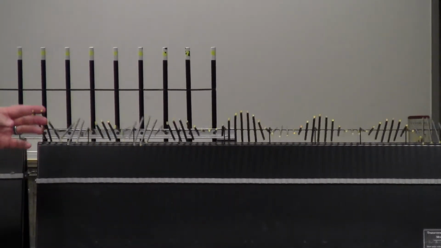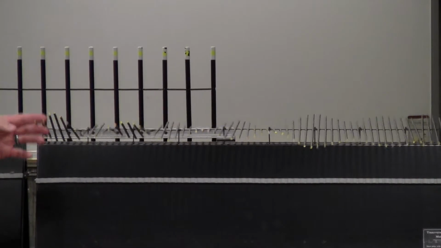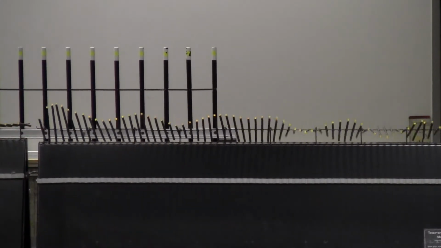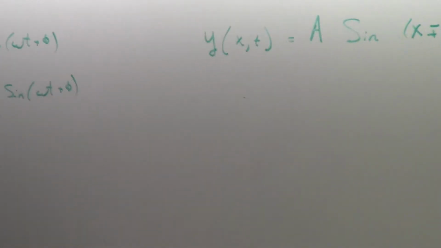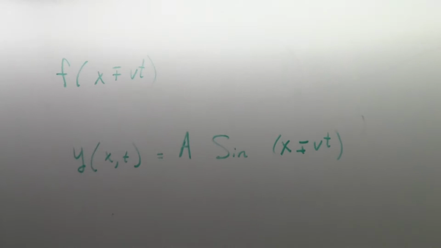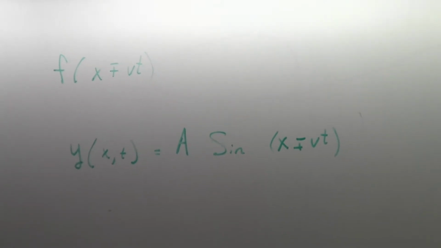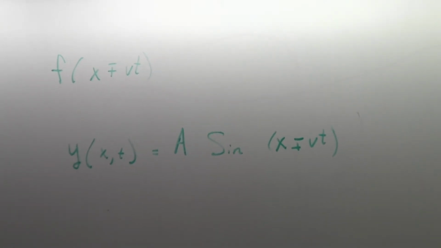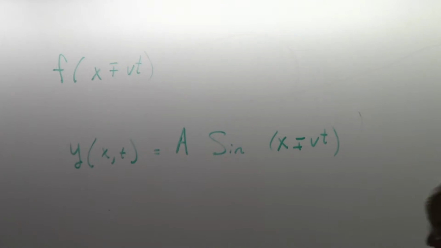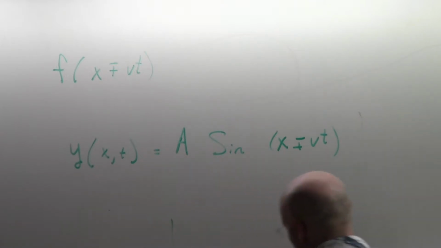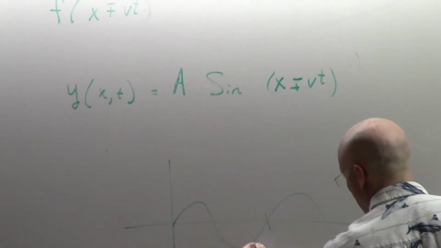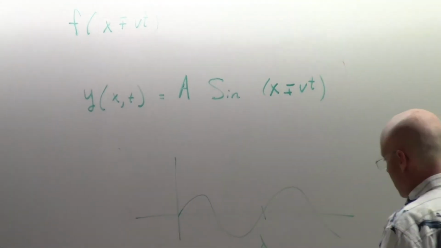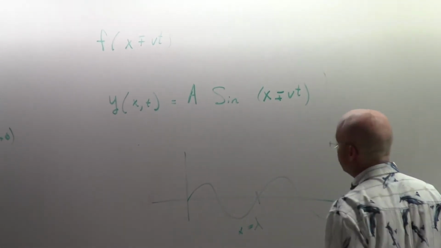Or I have a small wavelength. Aren't those each waves? How would that be represented in that equation? What would I add to this equation to make it look like something that repeats right there at one wavelength? When x is equal to one wavelength.